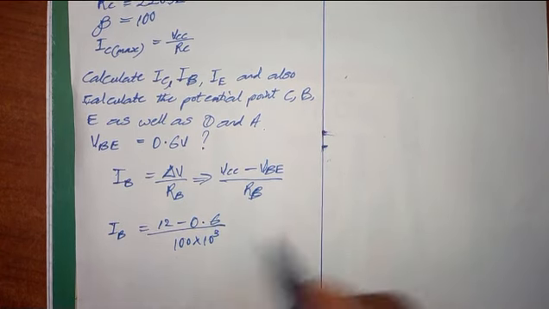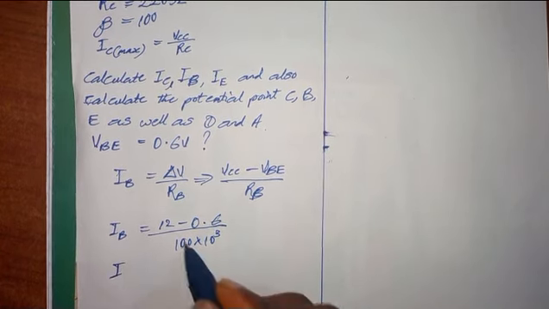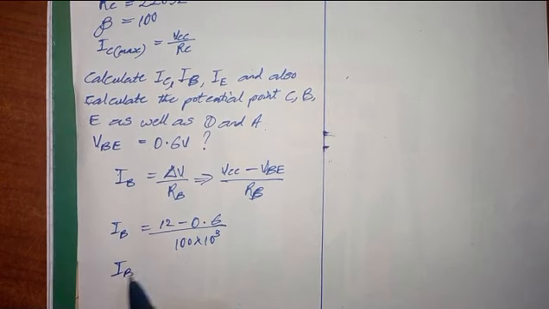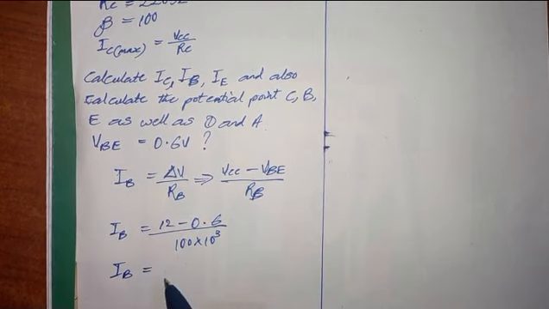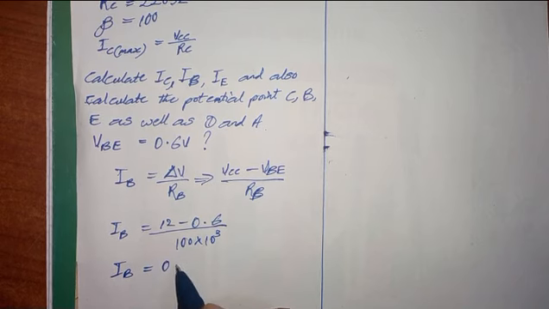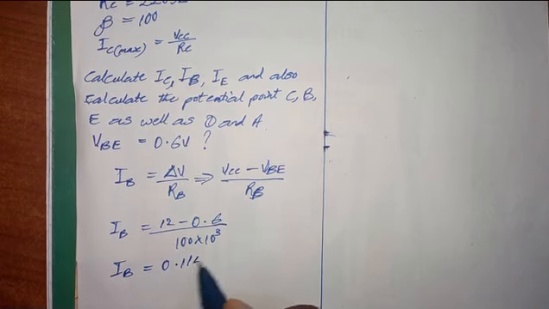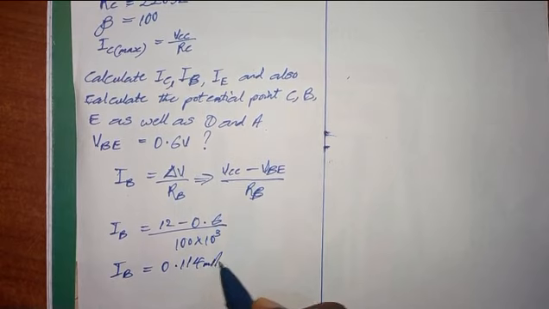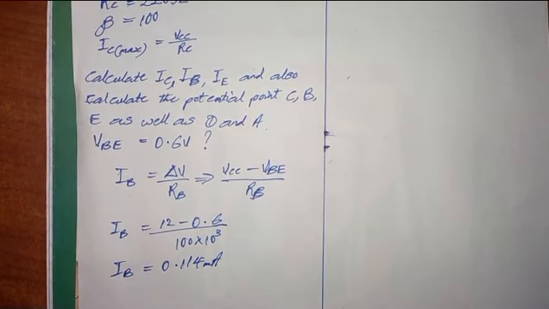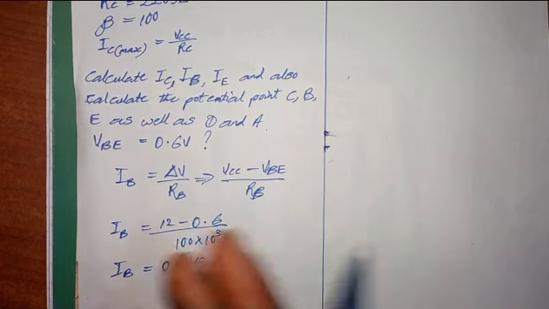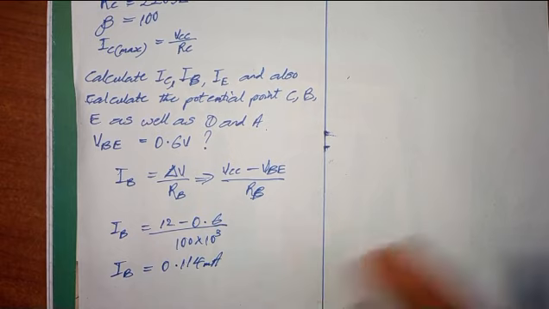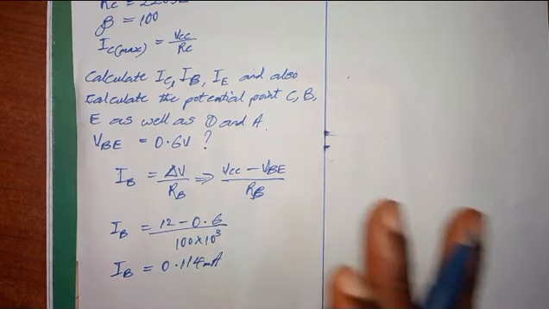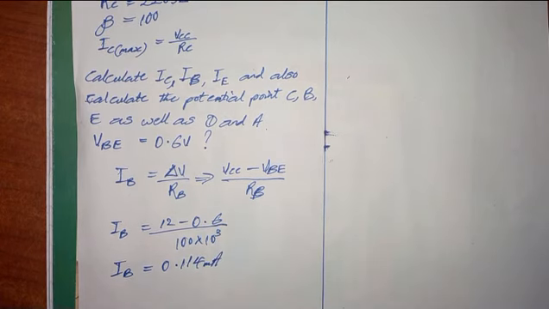So do your normal calculation here and divide. IB will be equal to 0.114 milliamp. I convert it to milliamp at once. I don't want to waste your time going through the simple subtraction and division. You know the steps, I just give you the formula.